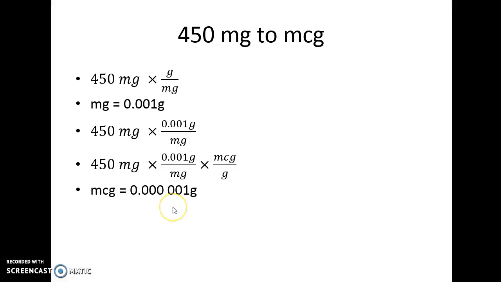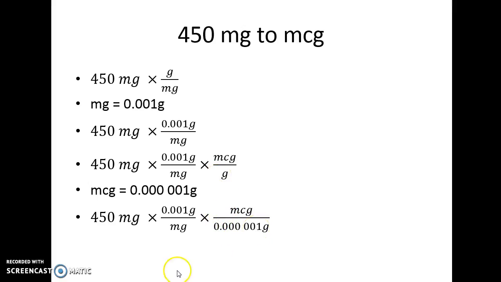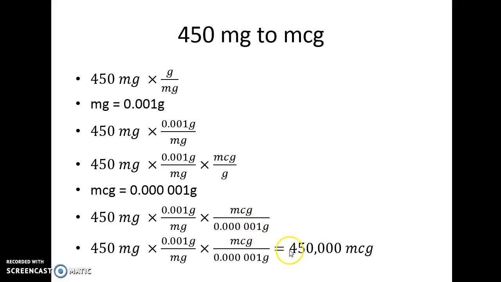I need my equal statement, and so because 0.000001 gram, this is with gram, I have to insert it here. Now I do my math, 450 times 0.001, and divided by 0.000001, and you get 450,000 micrograms.